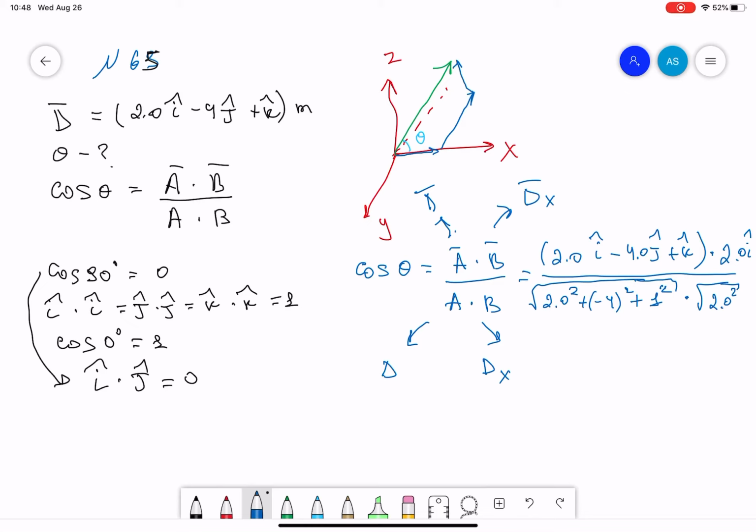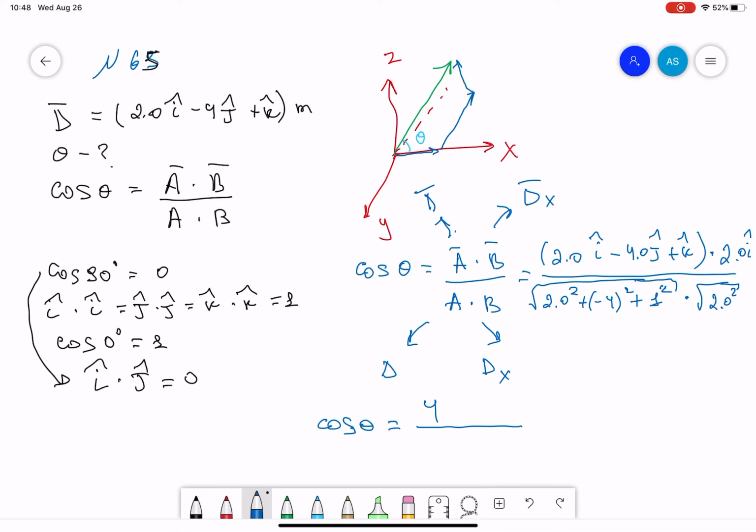So cos theta is equal to, now 2i vector multiplied by 2i vector will give you 4, right? But multiplying minus 4j vector by the i vector gives you 0, and k vector multiplied by the i vector also gives you 0. So we just end up with 4.